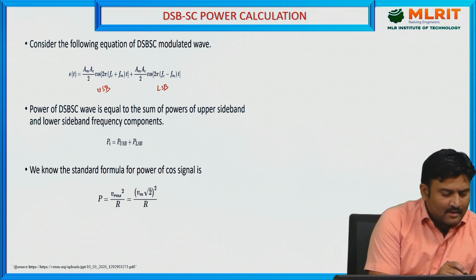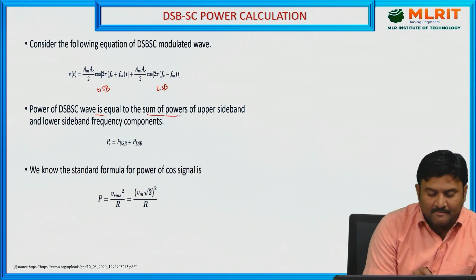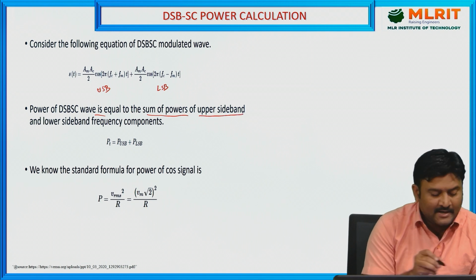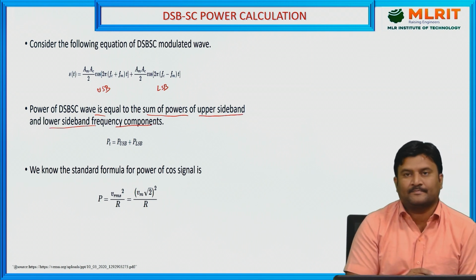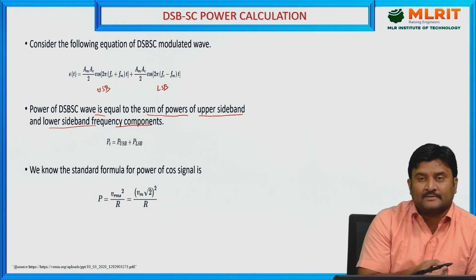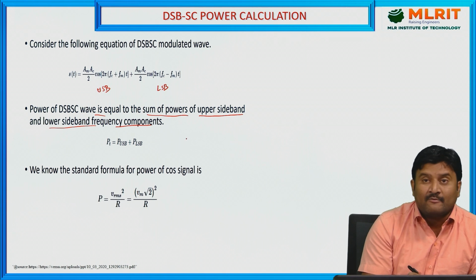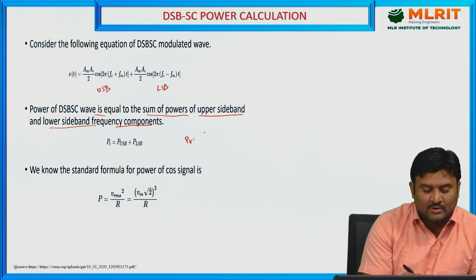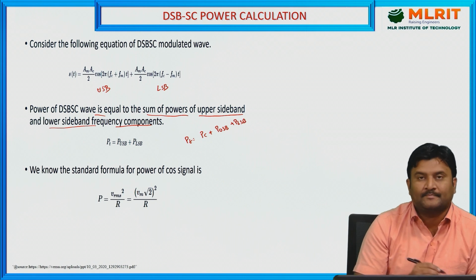The power of the DSB wave is equal to the sum of powers of the upper sideband and lower sideband frequency components. When we did the power calculations of AM, we discussed PT is equal to PC plus PUSB plus PLSB.